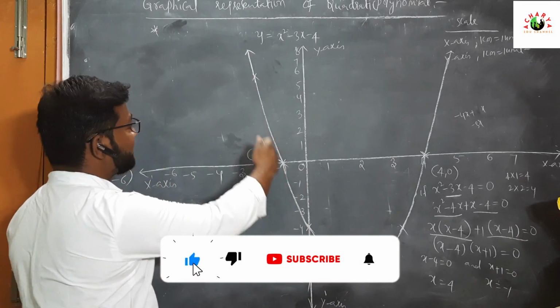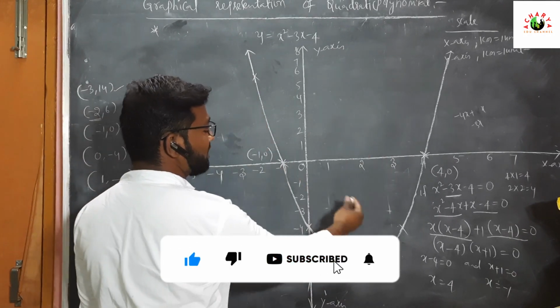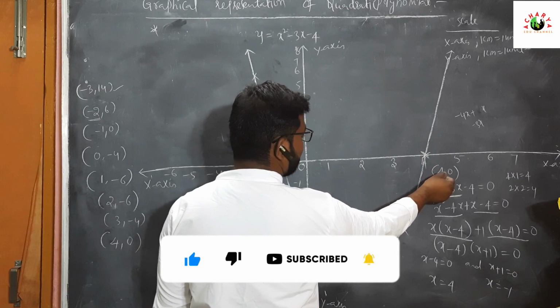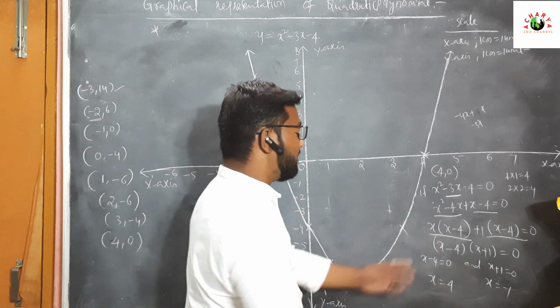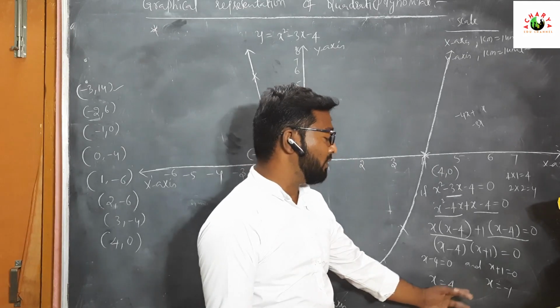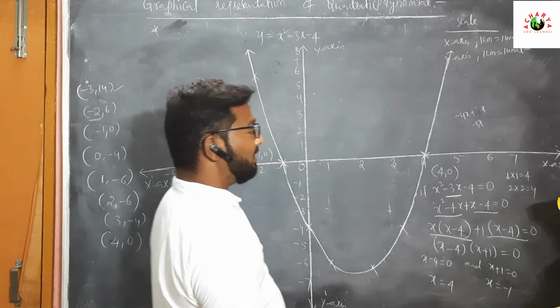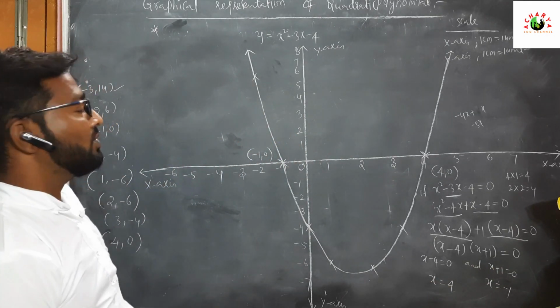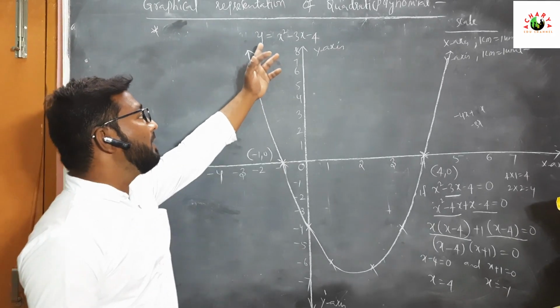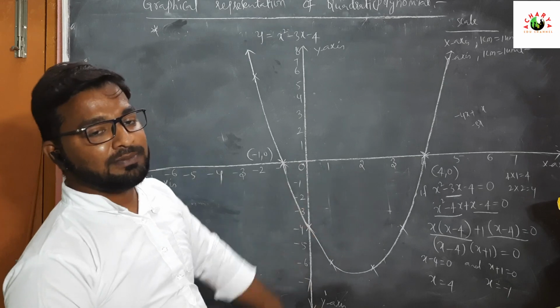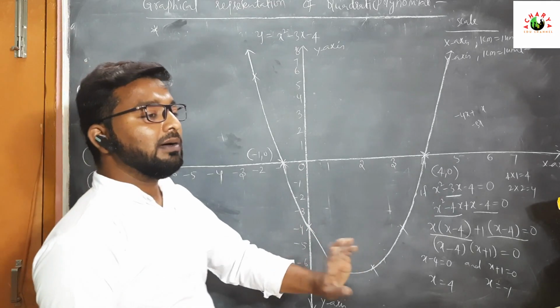In the graph also, the x values where it touches the x-axis are 4 and minus 1. By using the factorization method also we got the values of x, 4 and minus 1. Like that we have to find the zeros of a polynomial. So the zeros of x square minus 3x minus 4 are 4 comma minus 1.